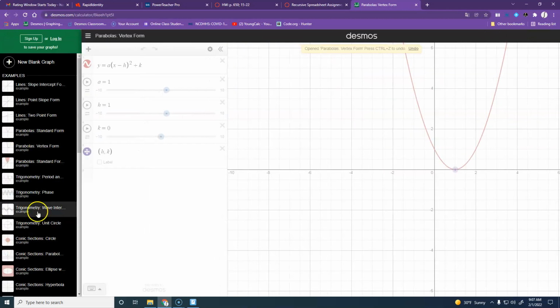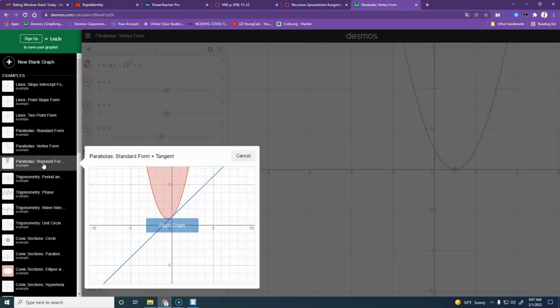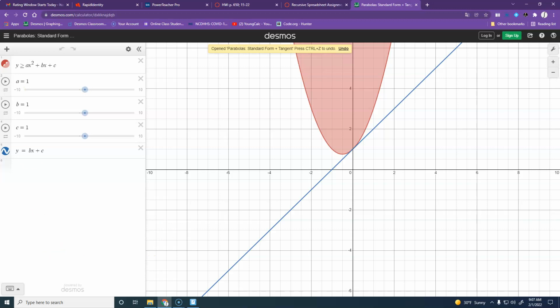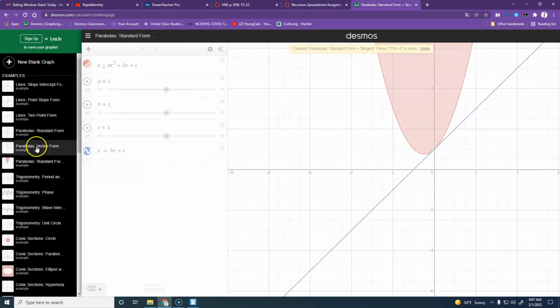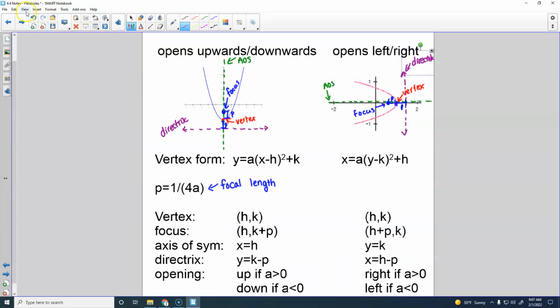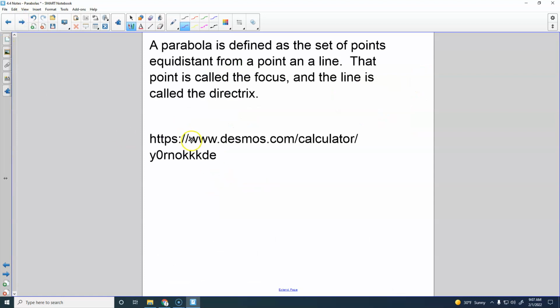Well, no, that's tangent on this. Okay. I'm not sure where it's at. I'll make sure I have a link somewhere. Oh, here it is.